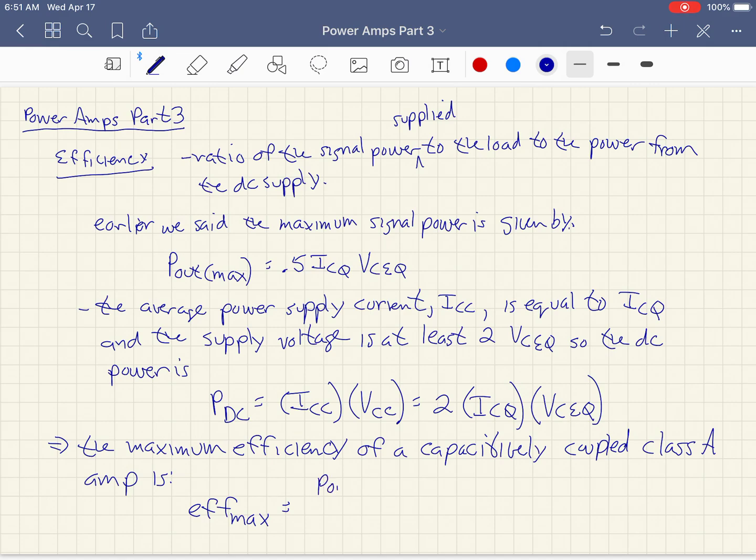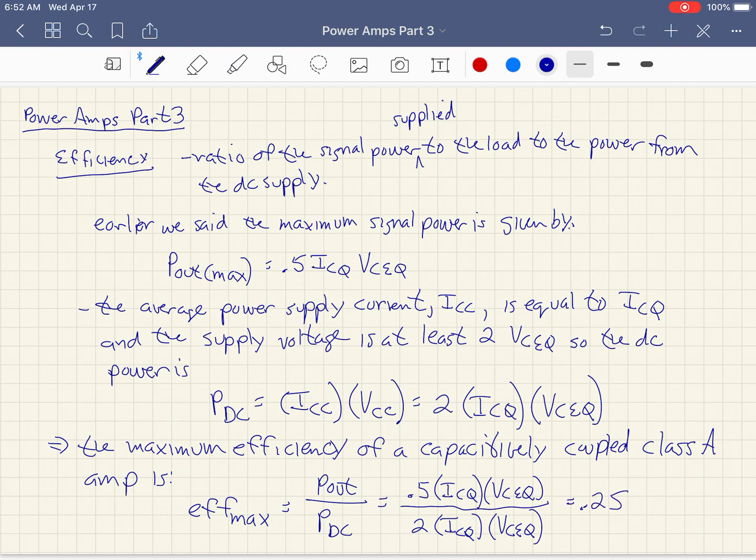We said it's P out over PDC. Make some substitutions, do some math, and we end up with 0.5 times ICQ times VCEQ divided by 2 times ICQ times VCEQ, which is 0.25.